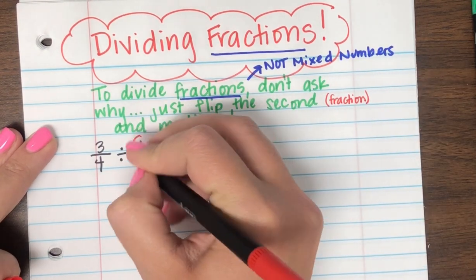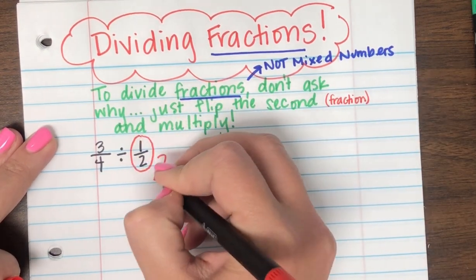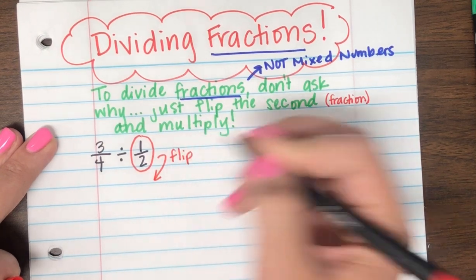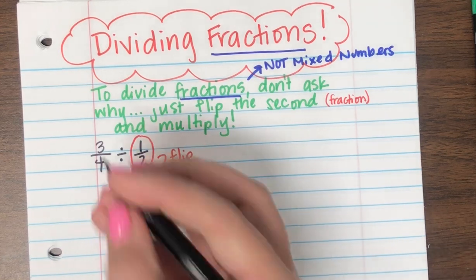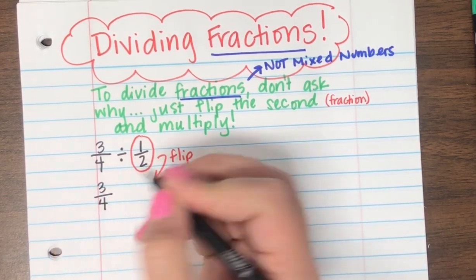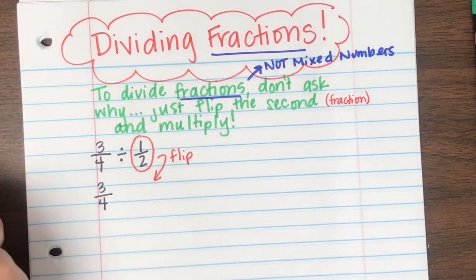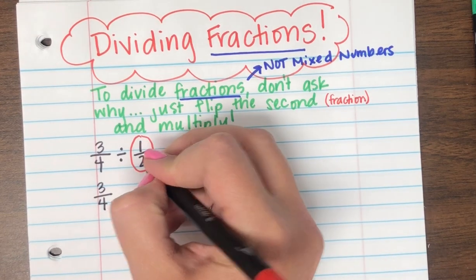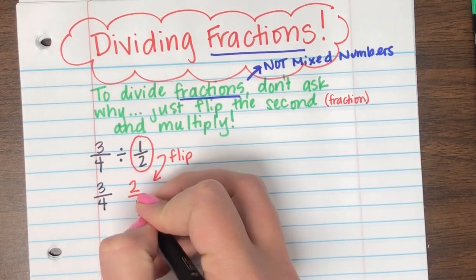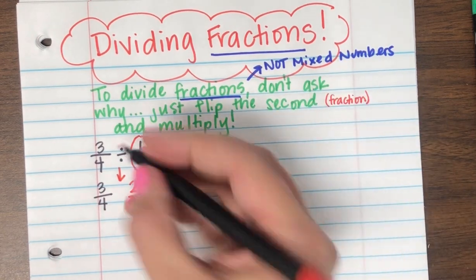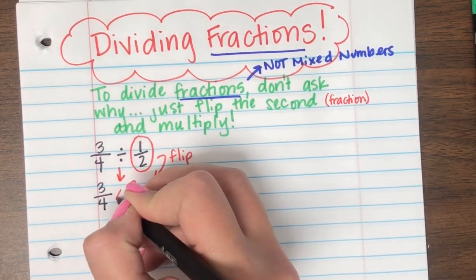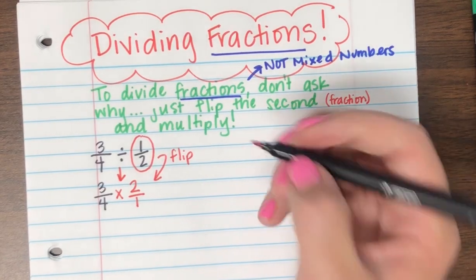So we're gonna flip the second fraction, and then it's gonna become a multiplication problem. So this is still 3/4. We flip the second fraction, so instead of 1/2, it's gonna become 2/1. And then it says, and multiply. So instead of division, it's going to be then a multiplication problem.